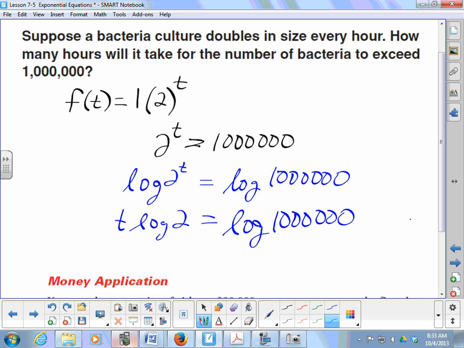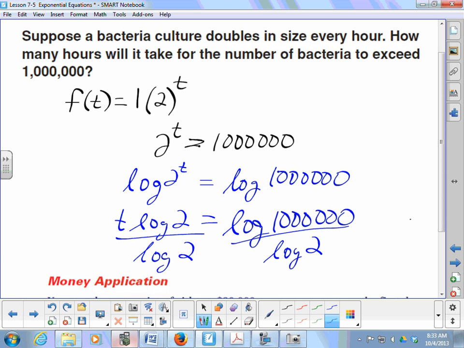And now I can just divide by the log of 2. So whenever you get an exponential equation or inequality, you can solve them just like you did those original ones. Can I get the base the same? If not, do the log of both sides.